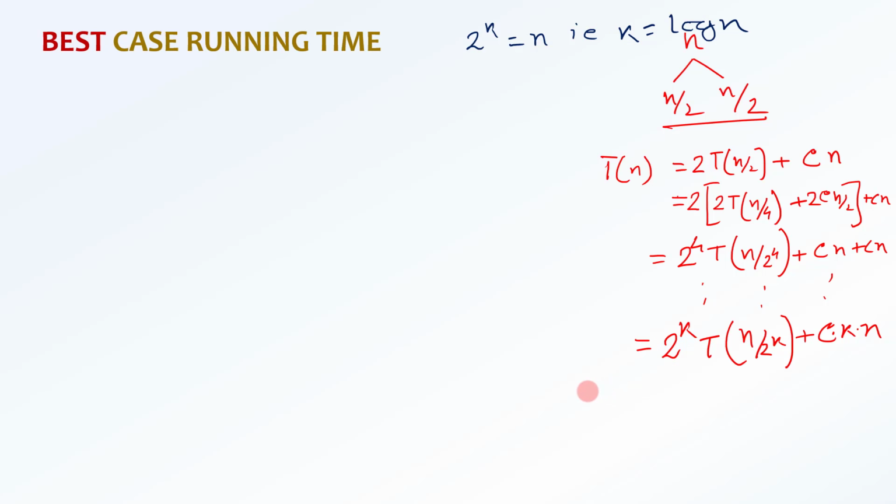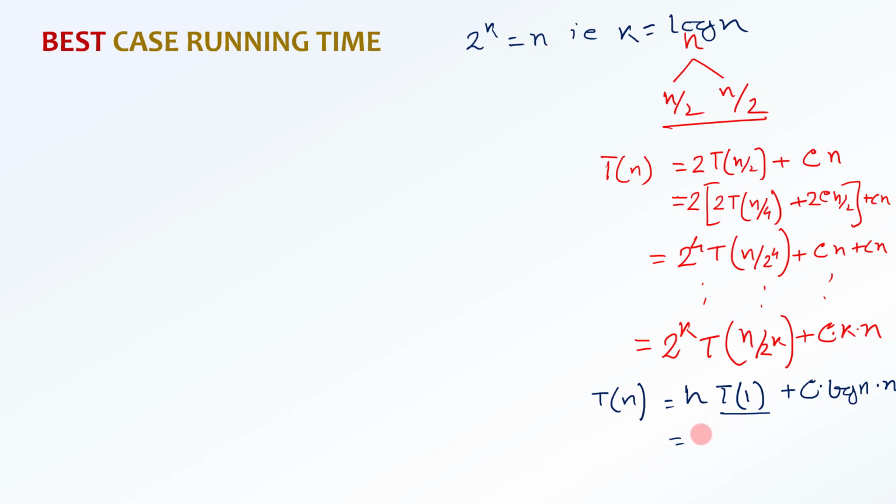So we can replace this equation by using k is equal to log n. So T(n) is equal to n T(1) plus c log n into n. Now we assume that T(1) is equal to 1. We can assume for a single element runtime is constant.